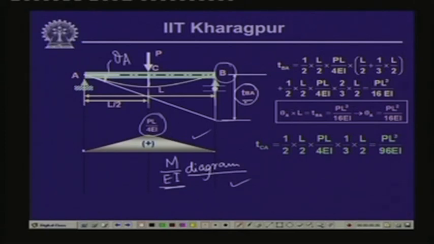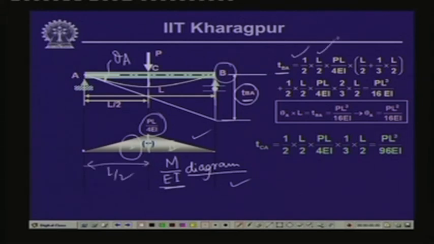So, let us evaluate this value TBA. Here this whole triangle we can divide into two parts. This is the first one and this is the second one. For the first one, if we take the moment of this triangle with respect to point B, this is half, and this distance is L by 2.